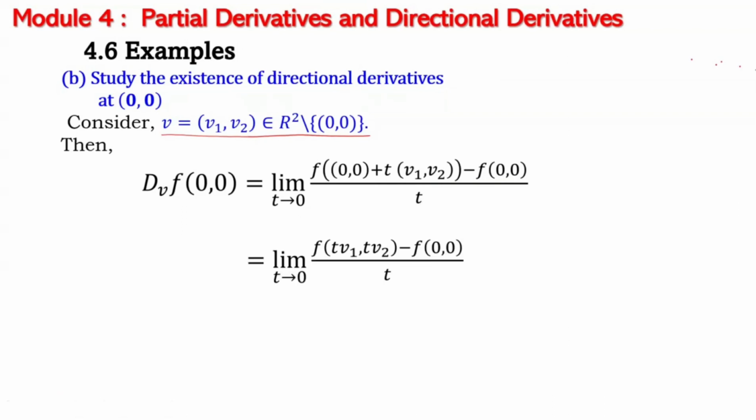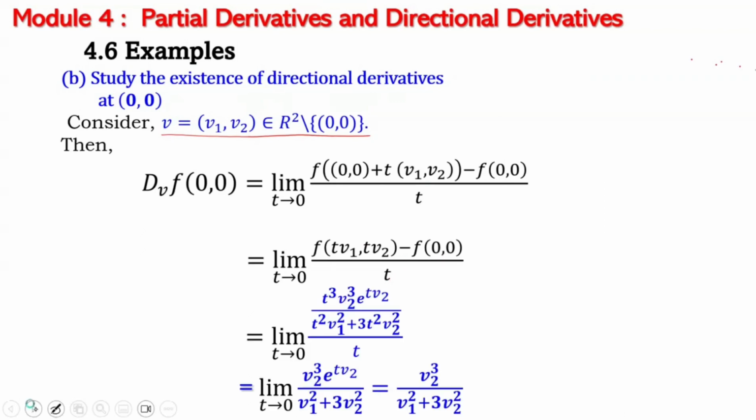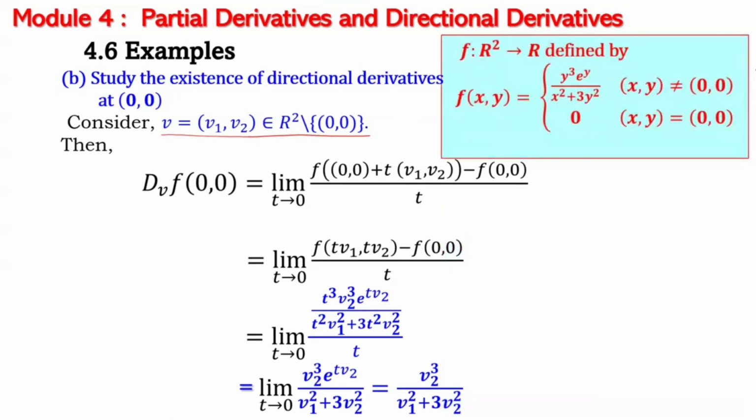If we simplify it, we get f(t v1, t v2) minus f(0,0) over t. We recall the function f(x,y) equal to y to the power 3 e to the power y over x squared plus 3y squared, and substitute into this expression, with f(0,0) equal to 0, all divided by t.